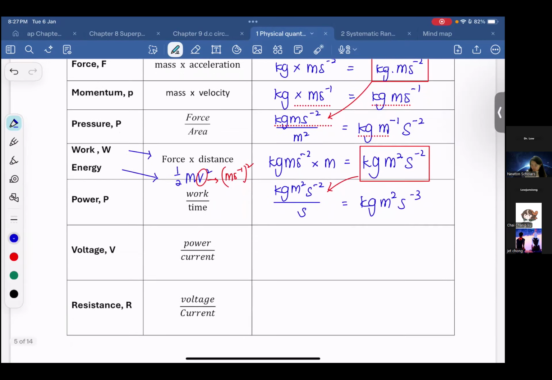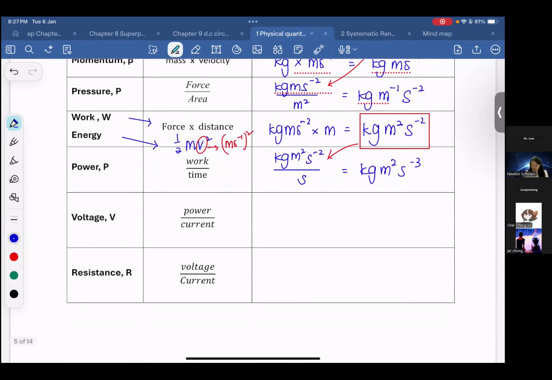So can you continue? Voltage, what is the SI base unit for voltage? Power, so kg m^2 s^-3 divided by current. Unit for current, ampere.